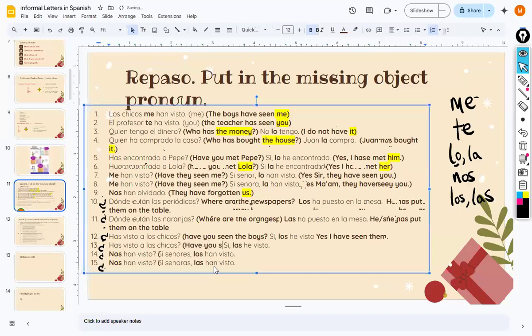Have you seen the girls? Yes, I have seen them, right? Right? Have they seen us? Yes, sirs, they have seen you.